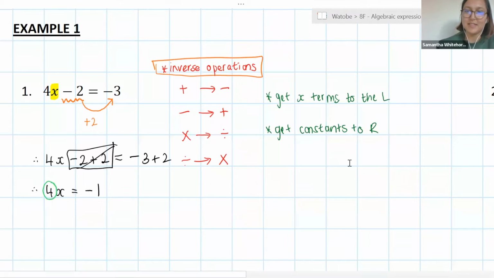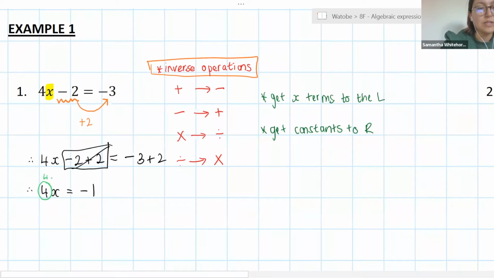I'm seeing some awesome answers coming through in the chat. Well done, everyone. It is multiplication. Between the 4 and the x, we have 4 times x, so we know what operation we were originally working with. I need to know my original operation so that I can do the opposite.